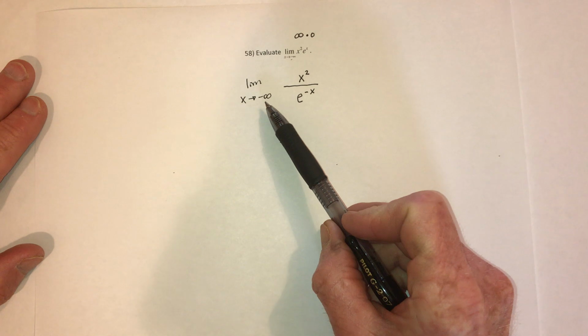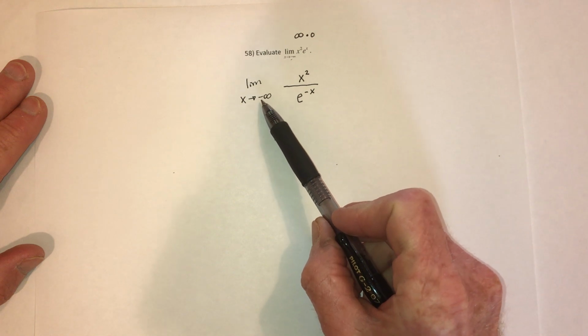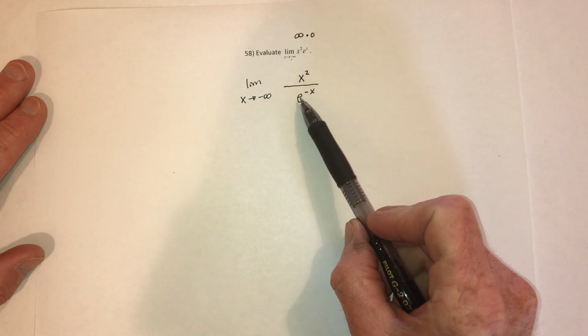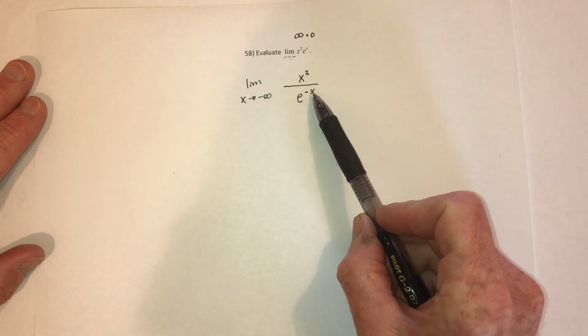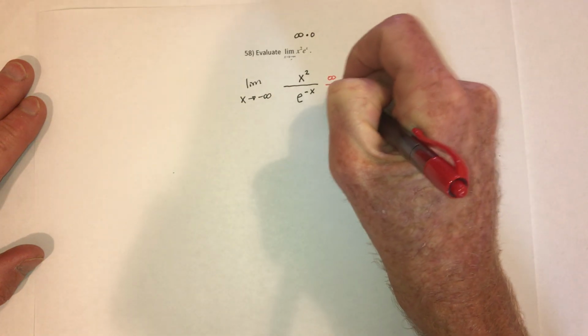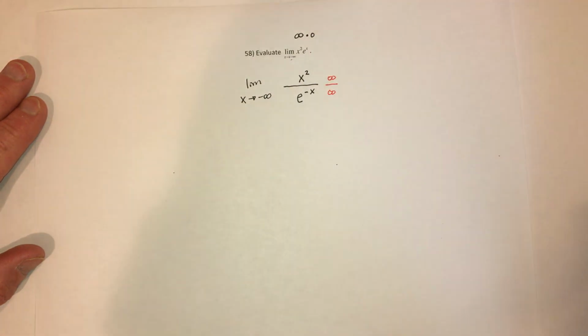An easier way to look at it is, if you put the negative infinity for x, the two negatives will cancel. So it's going to be e to the infinity. So that means the top is infinity and the bottom is infinity.